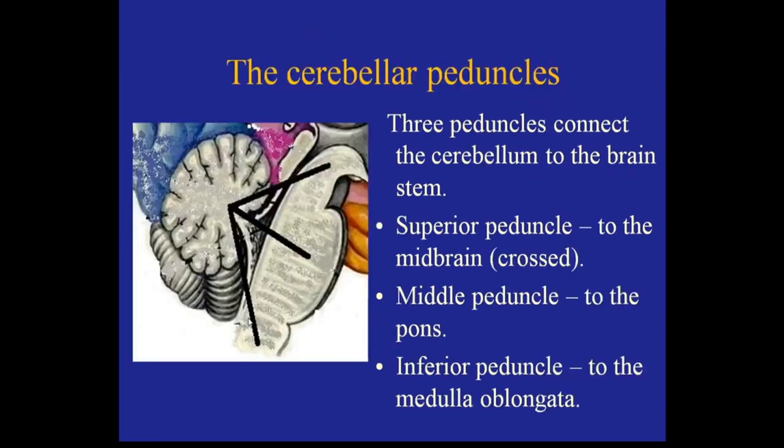The cerebellar peduncles. Three peduncles connect the cerebellum to the brainstem. The superior peduncle goes to the midbrain, and these peduncles are crossed. The name of this cross is Wernekinck's decussation, and the middle peduncle goes to the pons, and the inferior peduncle goes to the medulla oblongata.